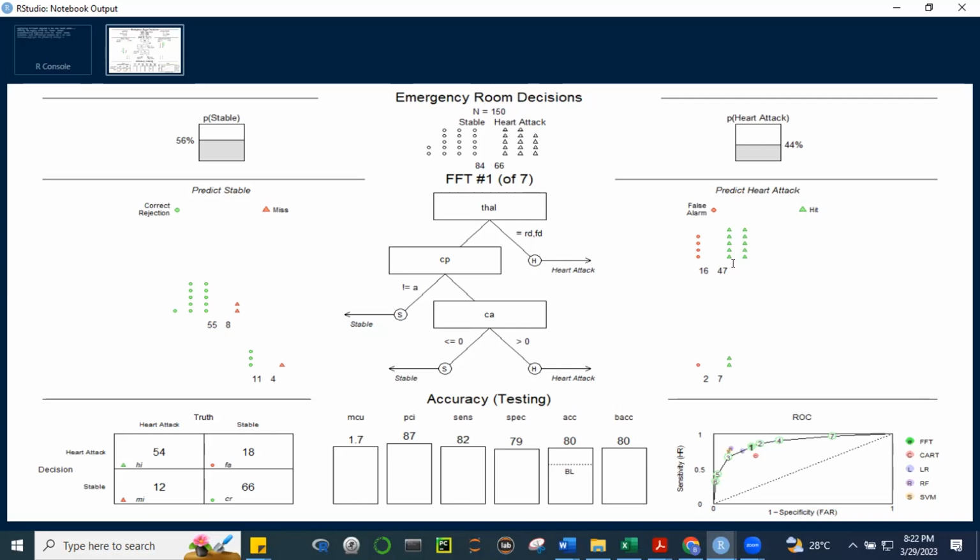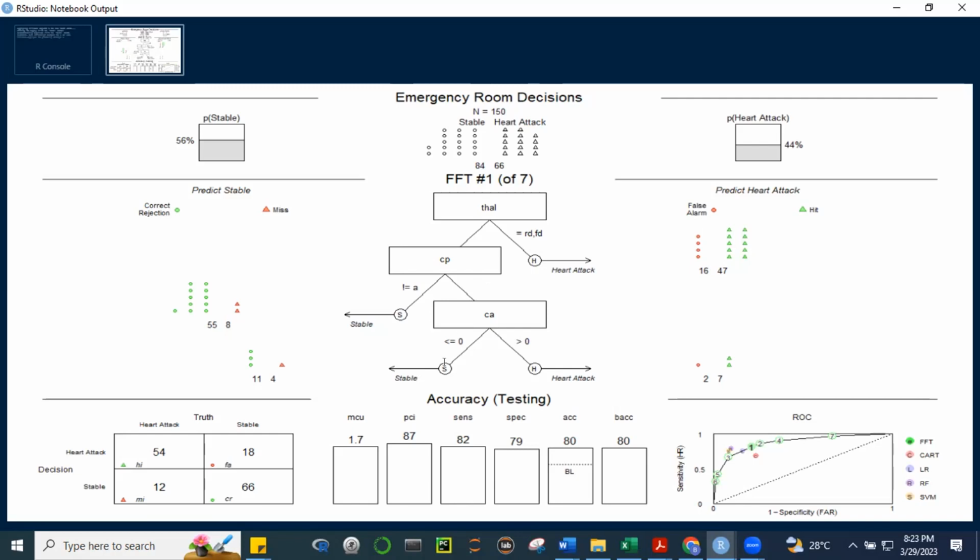Doon sa may 63 na may RD at saka FD, 16 yung hindi naman nagka-heart attack, right? 47 yung nagka-heart attack. So ibig sabihin, 47 were correct predictions, 16 were wrong predictions.